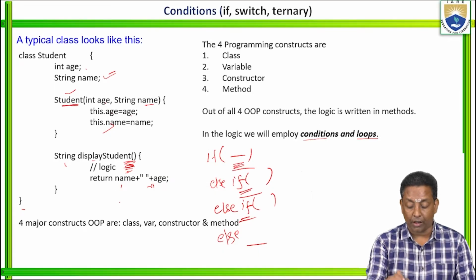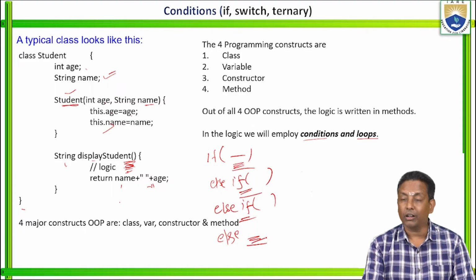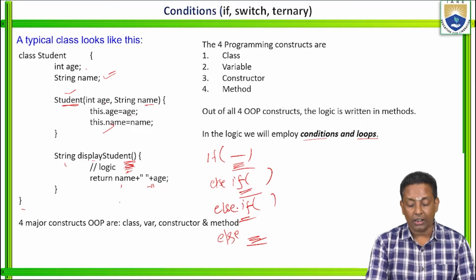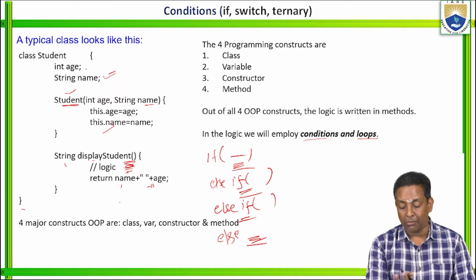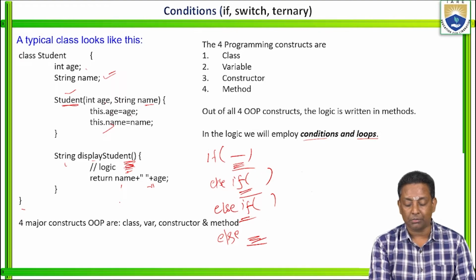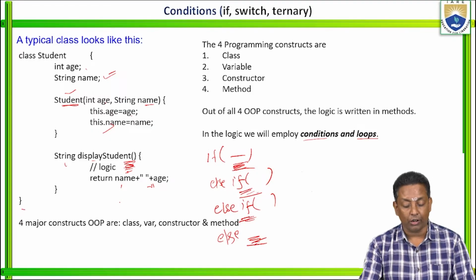If none of the above conditions are satisfied and you want to execute something by default, you write it in the else block. So the logic inside the method can be broken down into various parts by employing conditions like this.